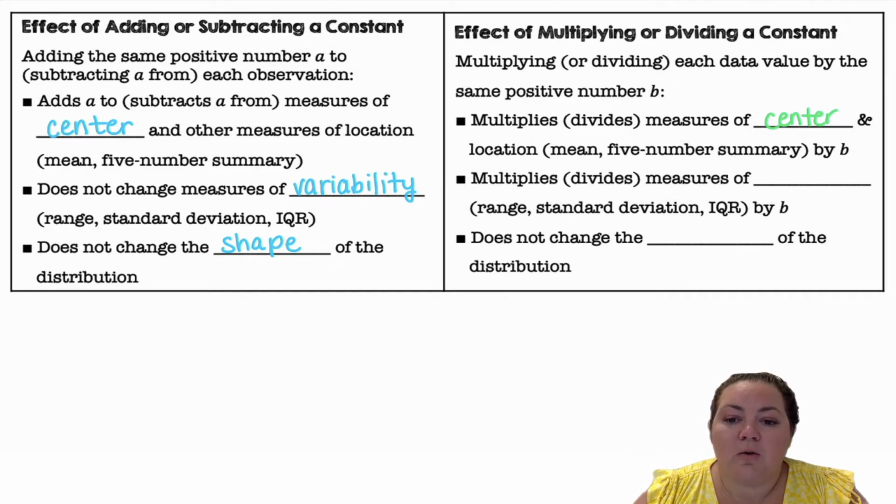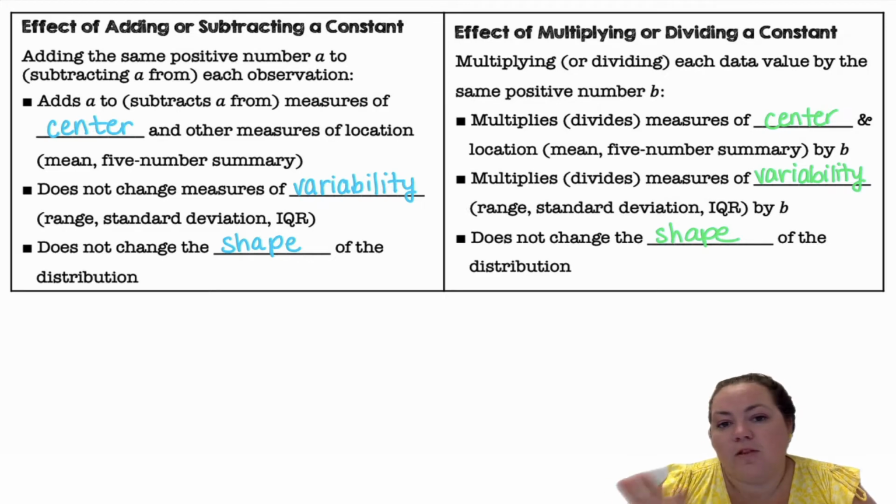It is going to multiply or divide measures of variability, range, standard deviation, IQR, by that constant. And it does not change the shape. So when I'm adding and subtracting, it only affects the measures of center, like the location values. It doesn't change the spread. When I'm multiplying or dividing, it does change the spread, and it changes the location values.